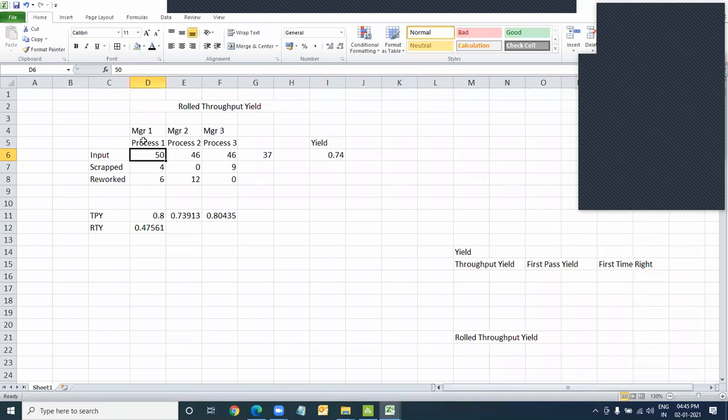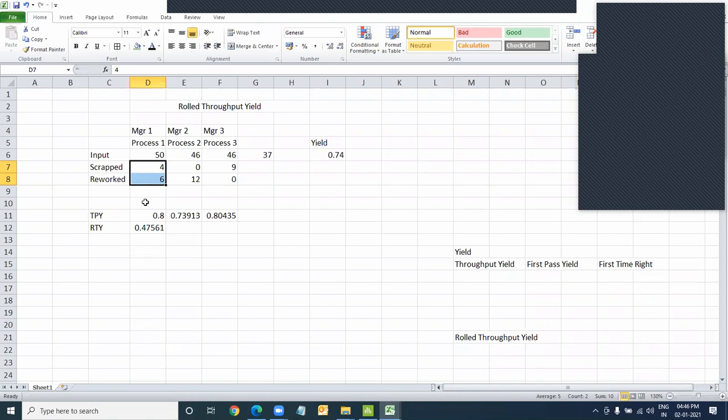Now, when this processing happened in stage 1, manager 1 was managing the entire stage. We processed these 50 items, the raw material, whatever, and 10 items had some problem. So only 40 items were good. When the remaining 10 items were reevaluated, this manager was able to get 6 of them reworked and fixed. 4 were beyond repair.